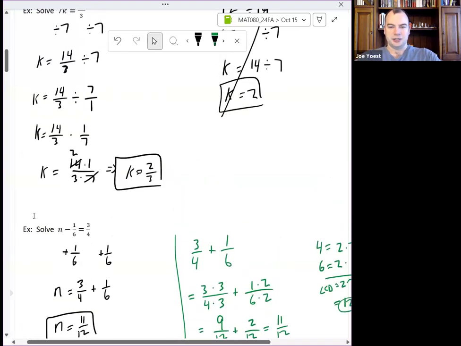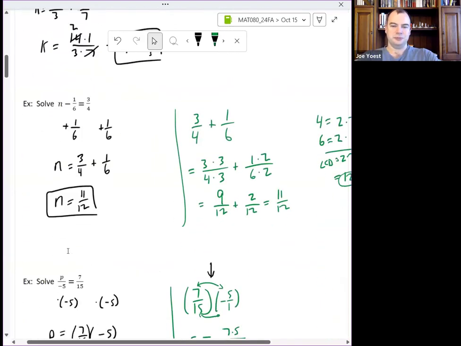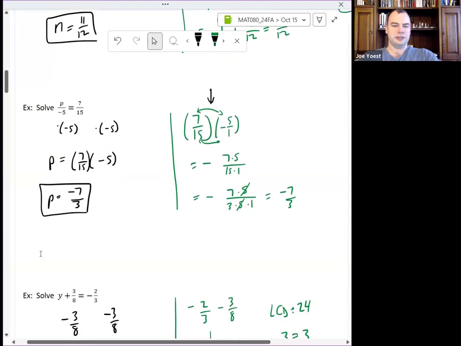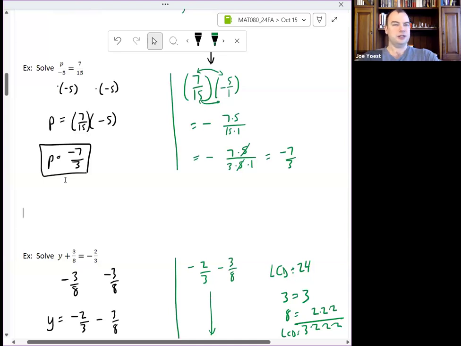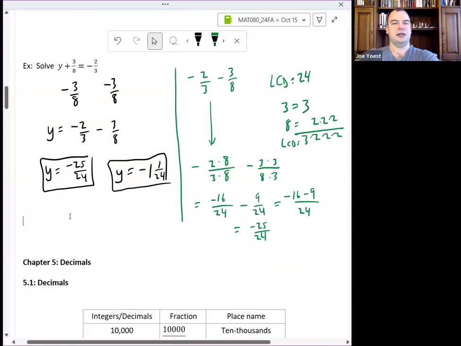What changes is the simplification at the end. So the fact that we're now solving an equation is kind of irrelevant to the matter, right? The equation solving step is still the same as before. The big difference is what does our simplification look like at the end? And we might have to add or subtract some fractions or multiply or divide some fractions. And we now know how to do that. So any questions on solving equations with fractions, or really any questions about fractions in general, anything about chapter 4 in general?